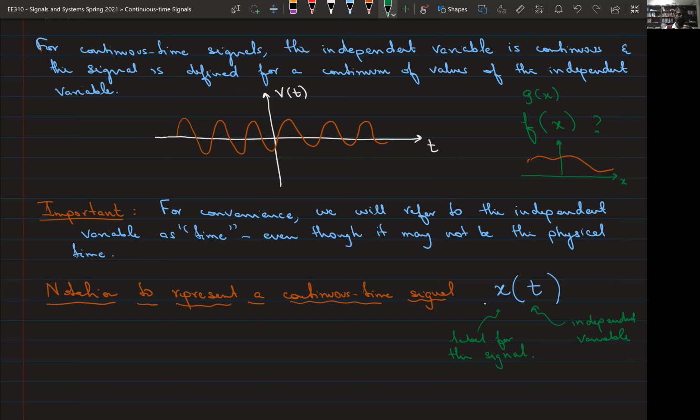Similarly, x of t could be a signal, y of t could be another signal, v of t another signal, i of t another signal, and so on. But we're always going to have parentheses to indicate that whatever appears inside the parentheses, which is almost always going to be t, is the independent variable for the signal or for the function. Okay, is that clear?